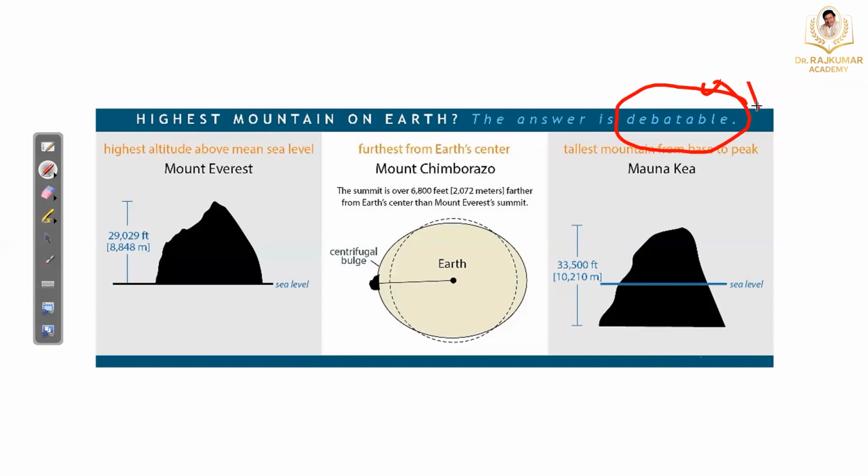It means different places on the surface of the Earth will be at a different distance with respect to the center of the Earth. Every point will have a different distance or radius. In that way, which is the point located at the maximum distance from the center? I'll put it this way: which is the farthest point on the surface of Earth with respect to the center of the Earth?